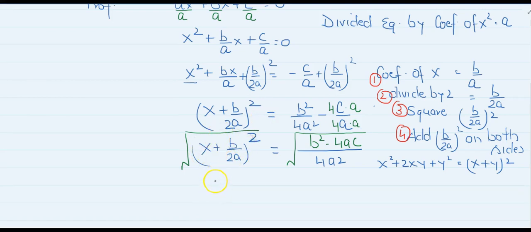So x + b/2a will be equal to √(b² − 4ac) over the root of 4, which is 2, and the root of a², which is a. And because this is a root, we write plus and minus.